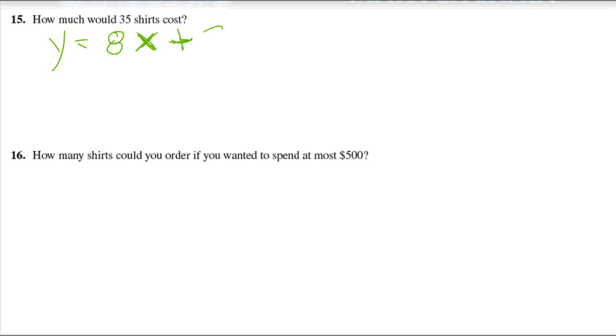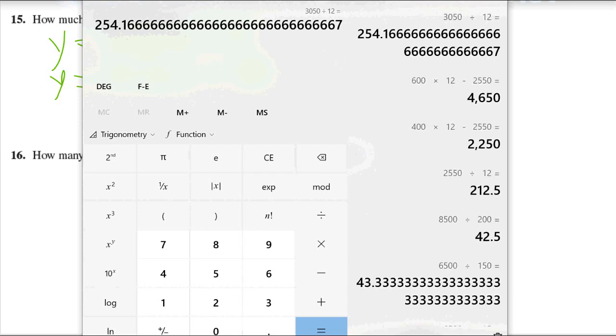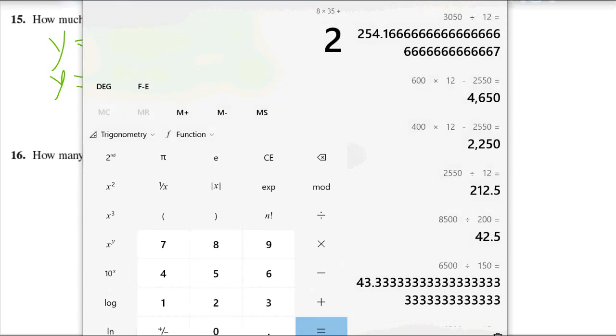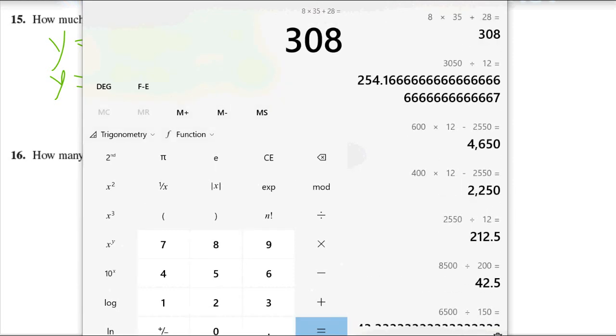So we know that we can calculate the cost by taking the number of shirts times 8 plus 28. And I'm getting kind of lazy. I'm not going to do that in my head. 8 times 35 plus 28, 308.